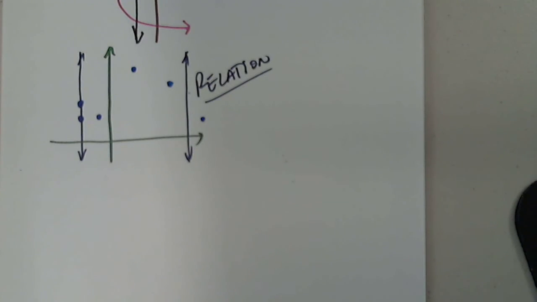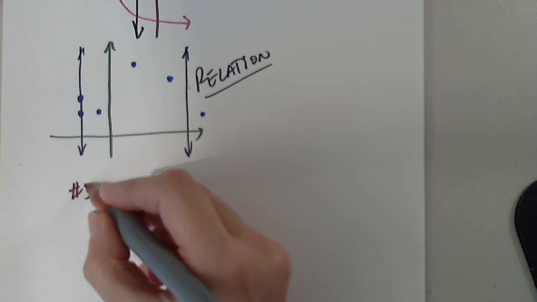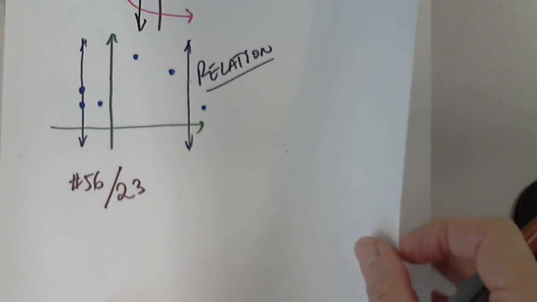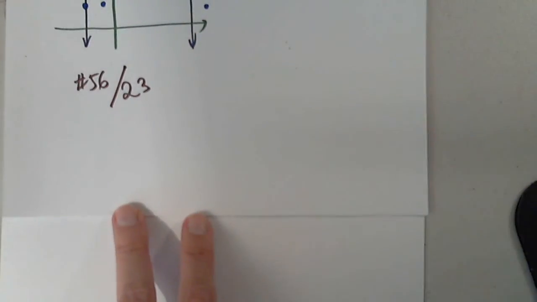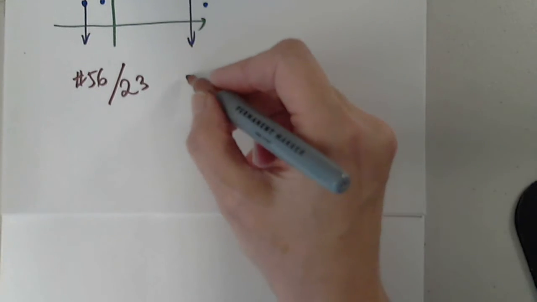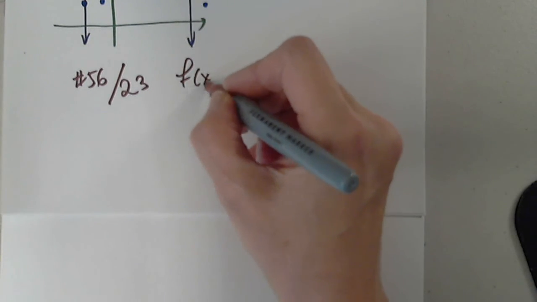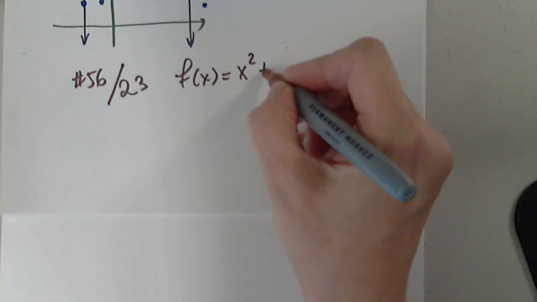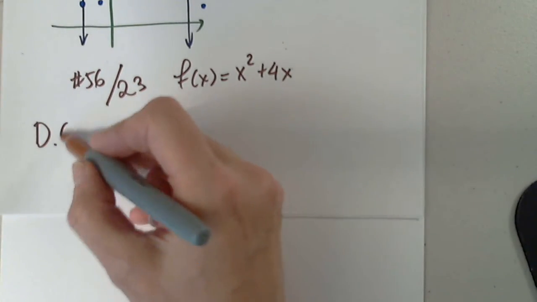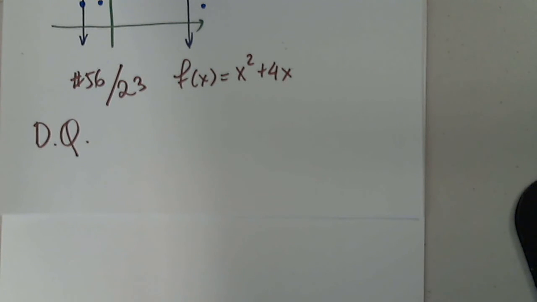Now we reached 56 on 23, and we have a function. We already did this. We are ahead of the book. We have f of x equals x squared plus 4x. They want us to find and simplify the difference quotient.